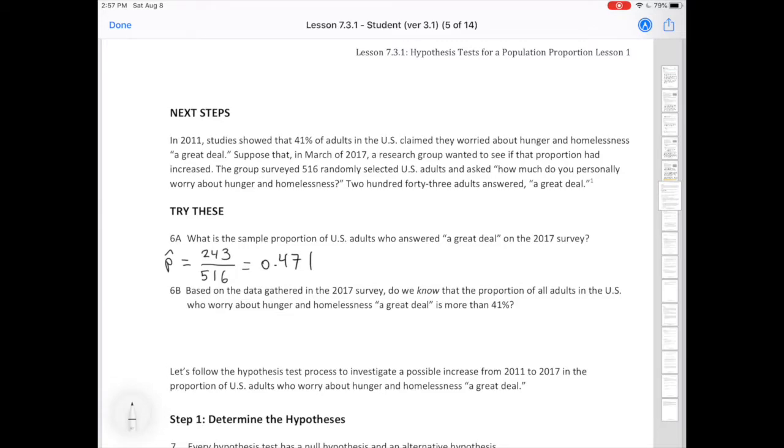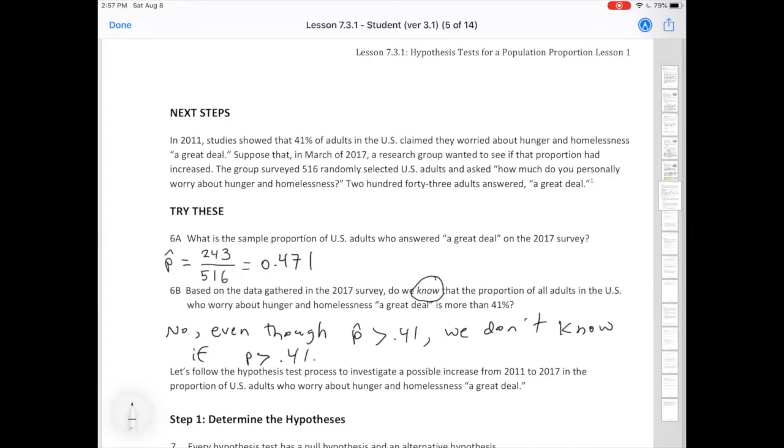So the key word in this problem is this: do we know? So no, even though P hat is bigger than 0.41, we don't know if P is bigger than 0.41.